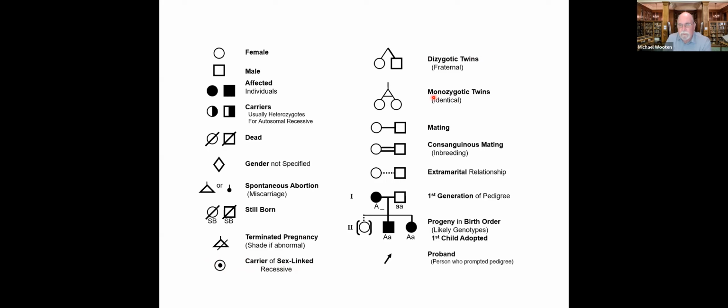Dizygotic twins and monozygotic twins. These symbols seem to vary all over the place. Okay, this is a classic American version of what fraternal twins are. Dizygotic means, of course, that there were two eggs ovulated. They became independently fertilized, but they went through the process together and were born at the same time. So they're fraternal twins. They're not from the same egg.